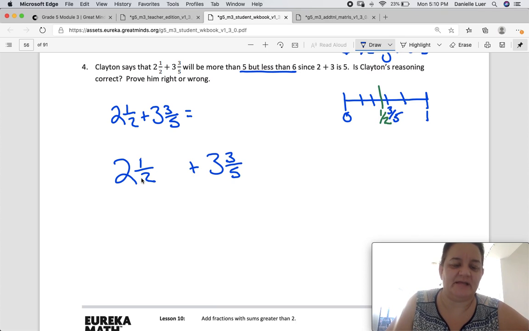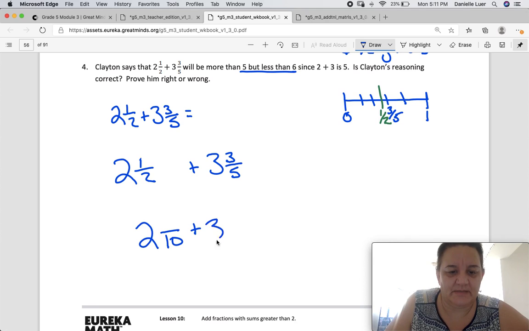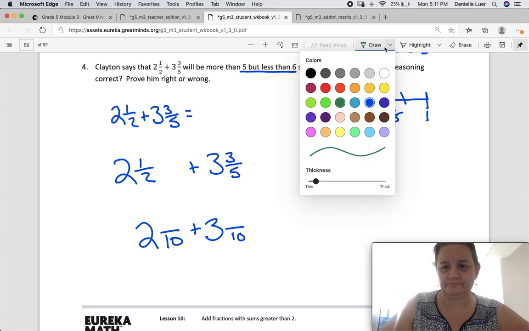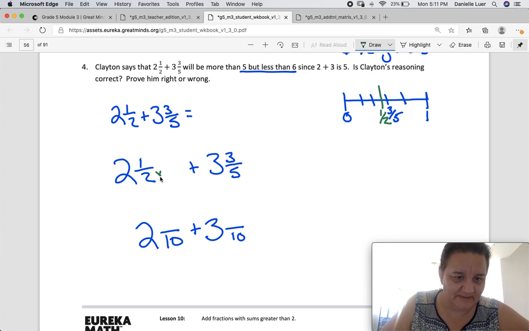Let's just multiply and go with 10, right? 2 and 10 plus 3 something over tenths. Now, here I'm going to multiply by 5, and that I'm going to multiply by 5, so I'm going to get 5/10. And here, stay with me, digital numbers.